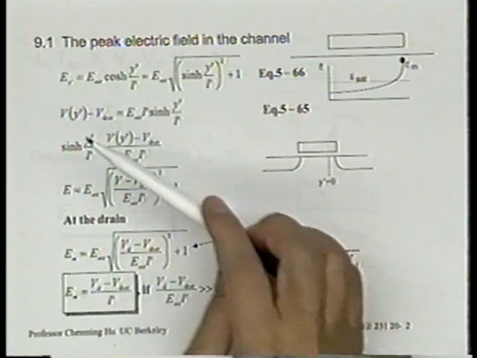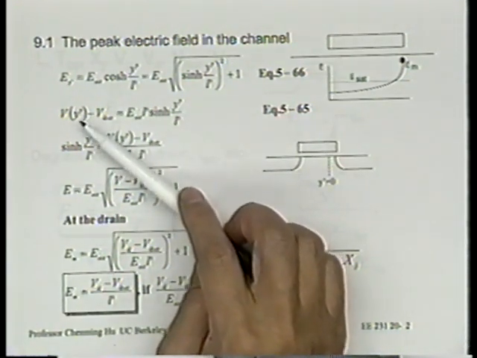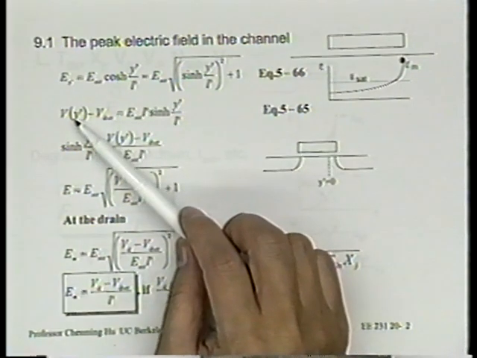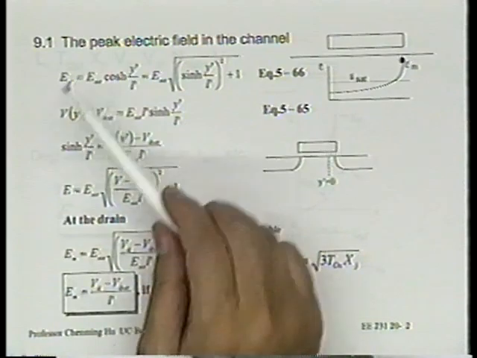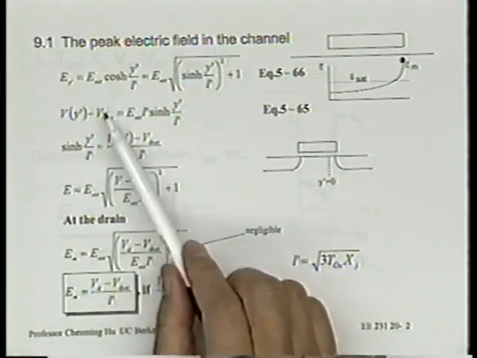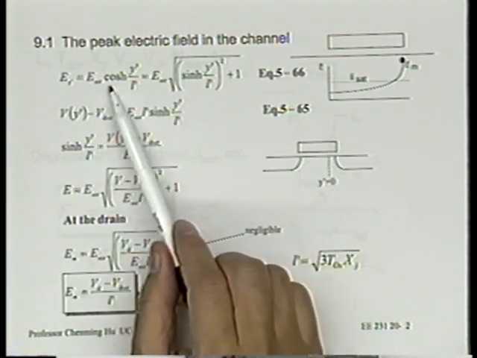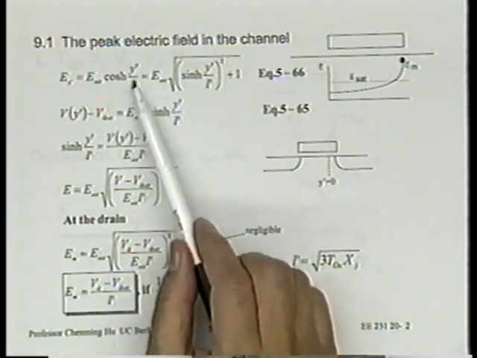All right. So now we'll back up once, from the second equation back to the first equation. If we differentiate this expression for the potential, we'll get an expression for the electric field. E of y prime is equal to E sat, we'll just differentiate this with respect to y prime. We'll get E sat hyperbolic cosine y prime over L prime.